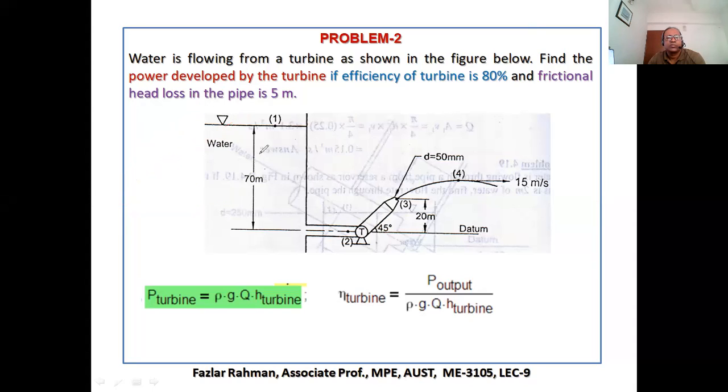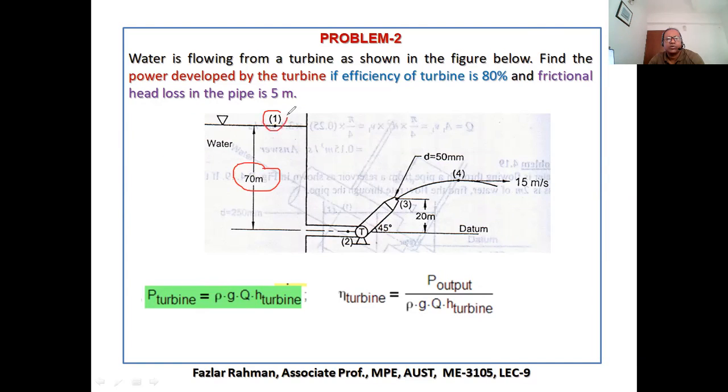Okay. So right over here, they are showing the height of the water is 70 meters. Then from here, they put a turbine. From the turbine, water can go straight horizontal. Instead of horizontal, they put a nozzle and water is going at an angle of 45 degrees from the turbine. And they mention some points.